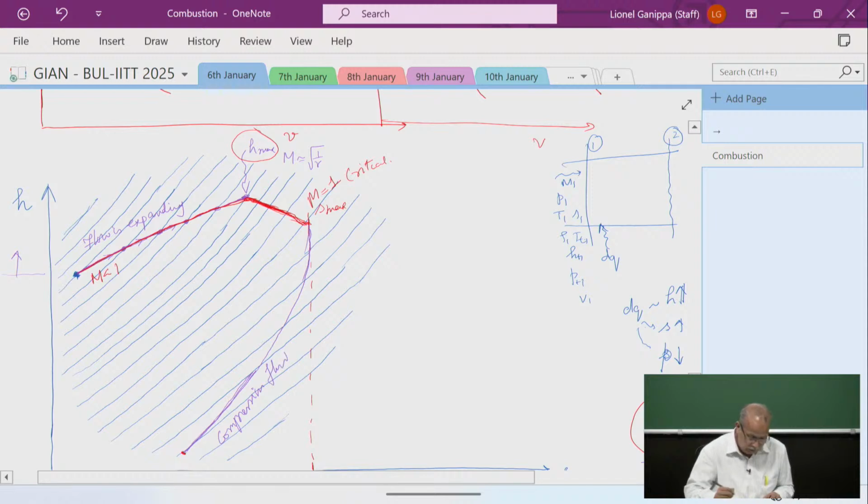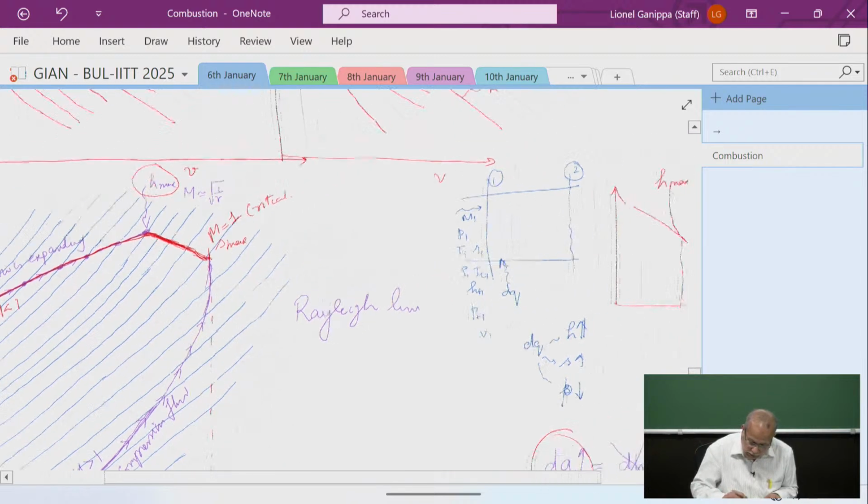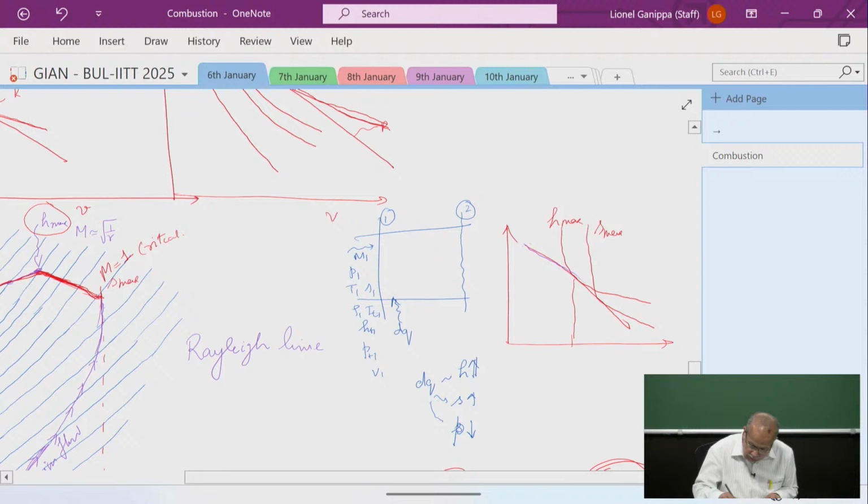Here it has to be M greater than 1. The effect of heat addition will cause a supersonic flow to decelerate until it reaches M equal to 1. Is that clear? What you see here is called the Rayleigh line, which is the same line as what we see here. Is that clear for all of you?